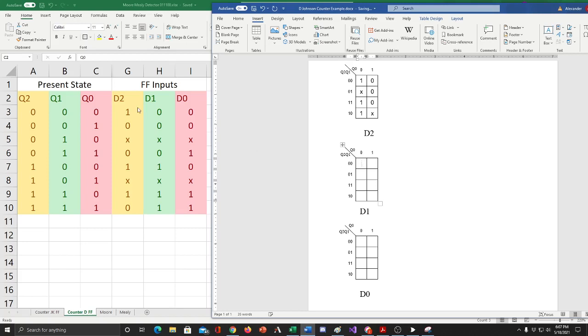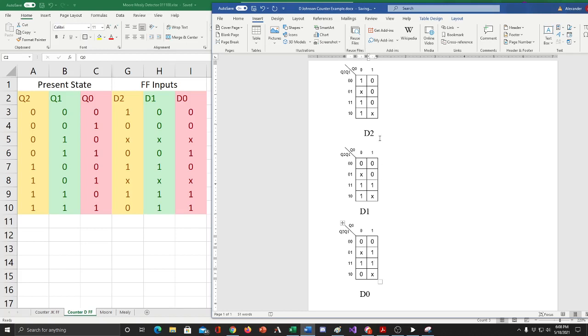Then D1 goes 0, 0, x, 0, 1, x, 1, 1. Then D0 goes 0, 0, x, 1, 0, x, 1, 1.